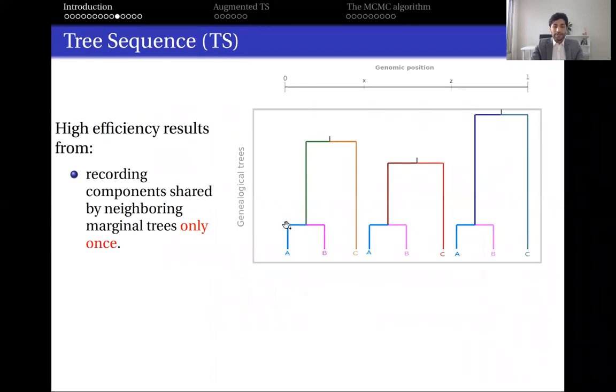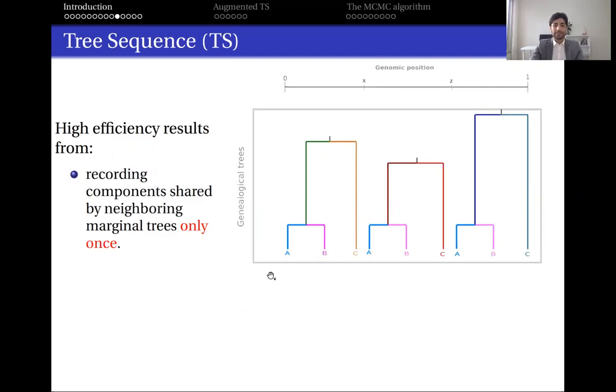The colors show the identical branches. We see that branch A is identical in all the 3 trees. In the traditional format, we store trees separately, so we need to store them 3 times.